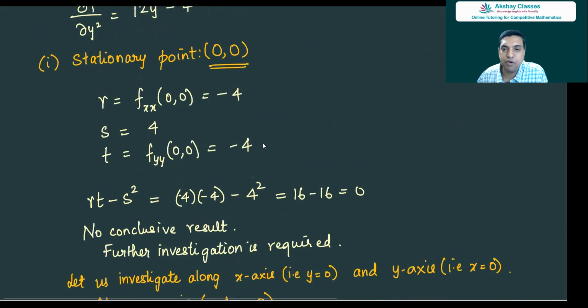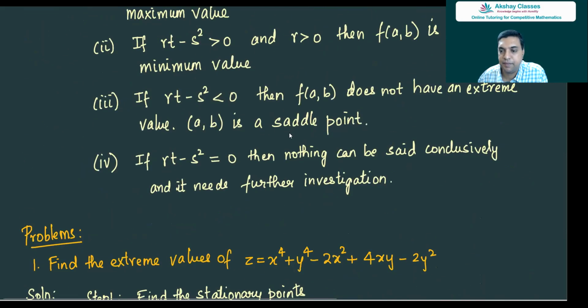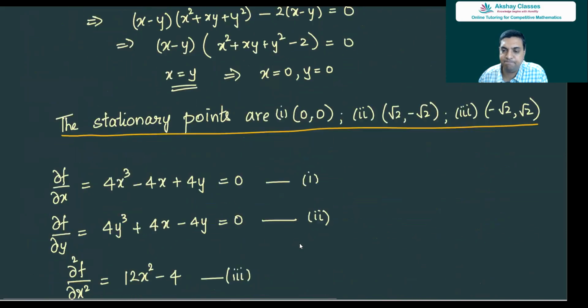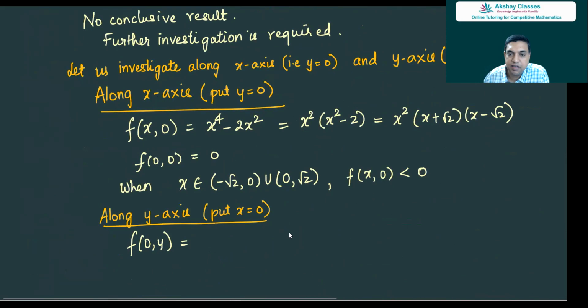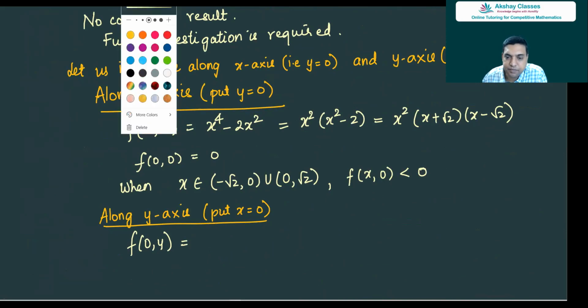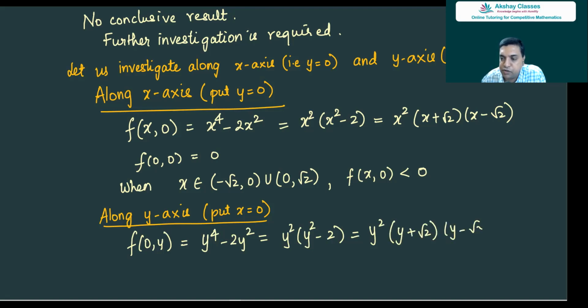The x terms, 1, 2, 3, are times 0, exactly the same. So we get y power 4 minus 2y square, which is y square into y square minus 2, which is y square into y plus root 2 into y minus root 2.